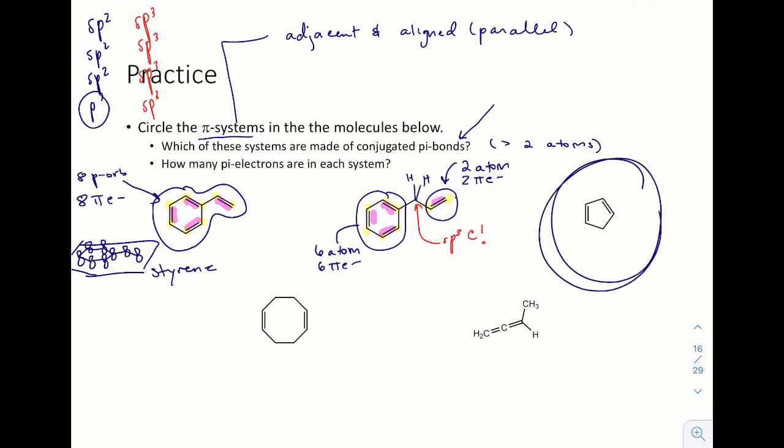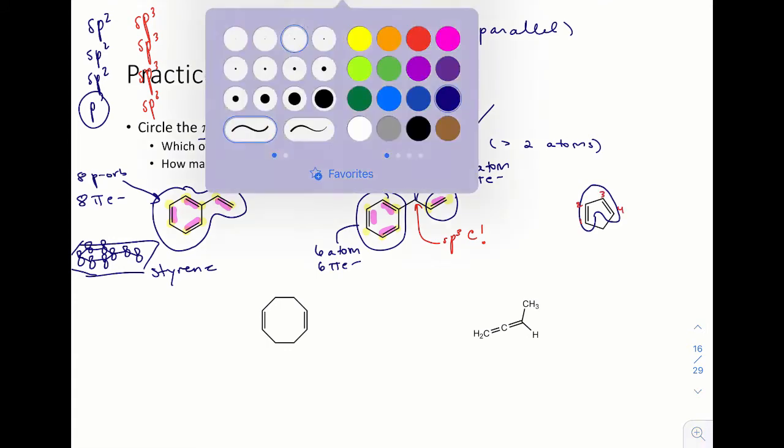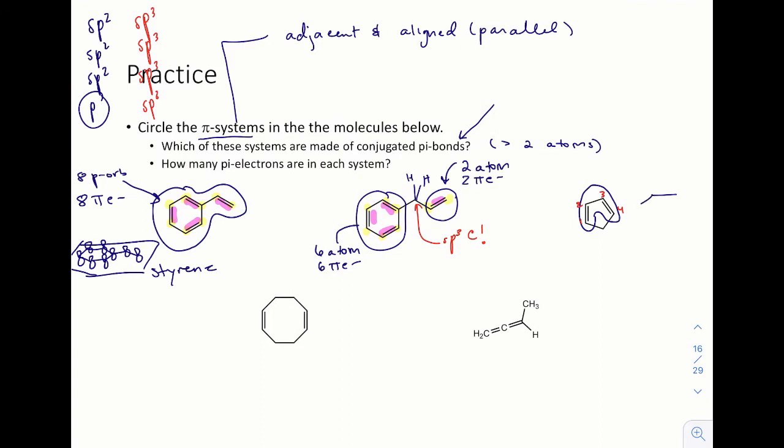Next example, this molecule here, 1,3-cyclopentadiene or cyclopenta-1,3-diene, however you like to name it. Those 4 atoms are involved in a conjugated pi system. Each adjacent atom is sp2 hybridized with a p orbital that can align and overlap as long as all 4 of these atoms are coplanar.